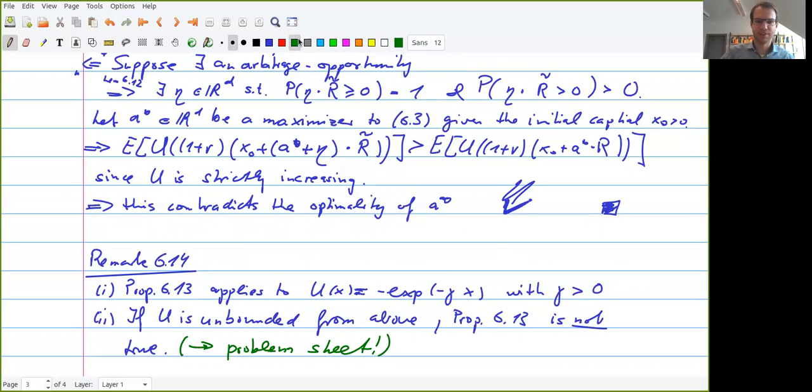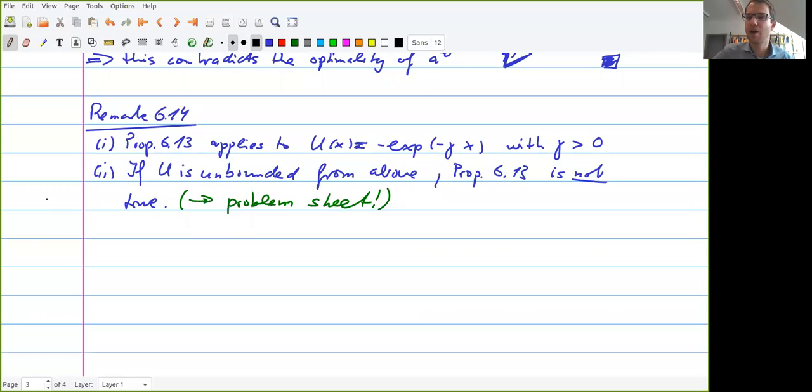Okay, so much concerning the utility maximization problem with one trading period, and now we want to understand how we can solve the problem in a general market, so with several trading periods.